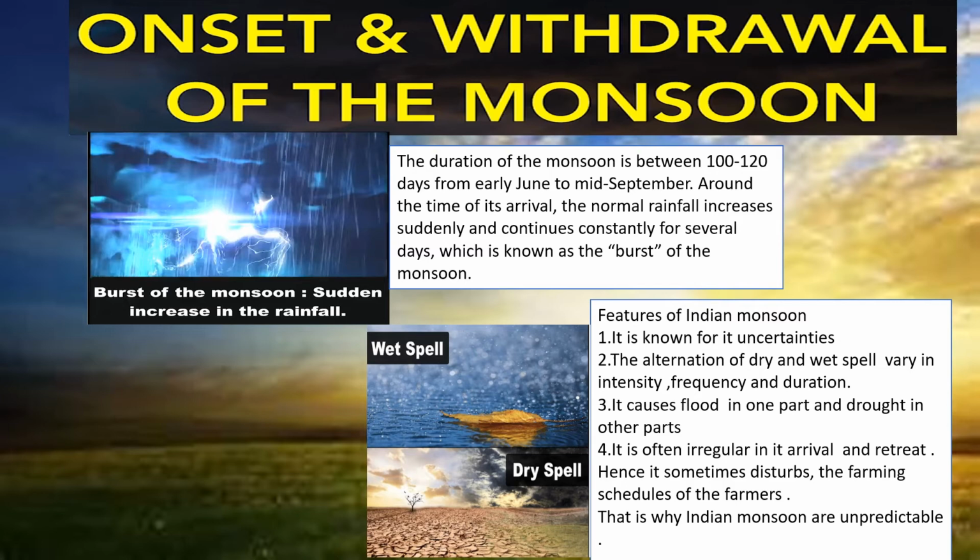Now, before we go into detail about the southwest and northeast monsoons, there are a few more points we should know. Number one, what is wet spell and dry spell? When rain starts, we see it keeps on raining continuously for so many days and suddenly it stops. This continuous rain is called wet spell.